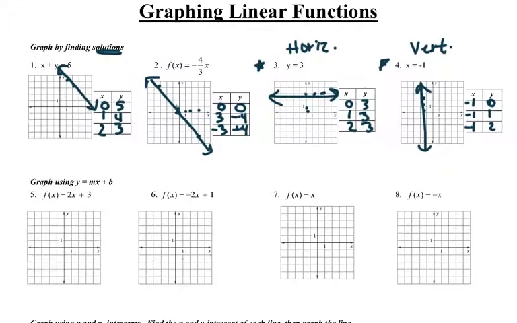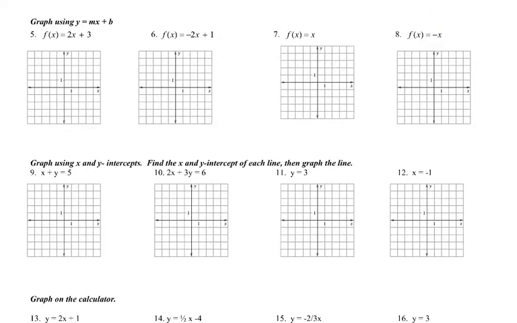Now we move on to our old friend y equals mx plus b, but you'll notice that I replaced y with f of x. F of x is the same as y, and you knew that already. What f of x represents is that this line is a function, and we are going to be using f of x more often than y.